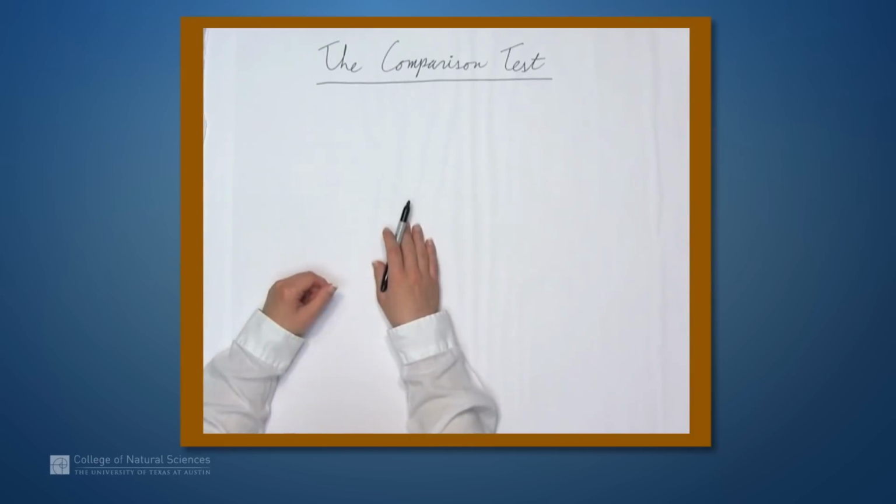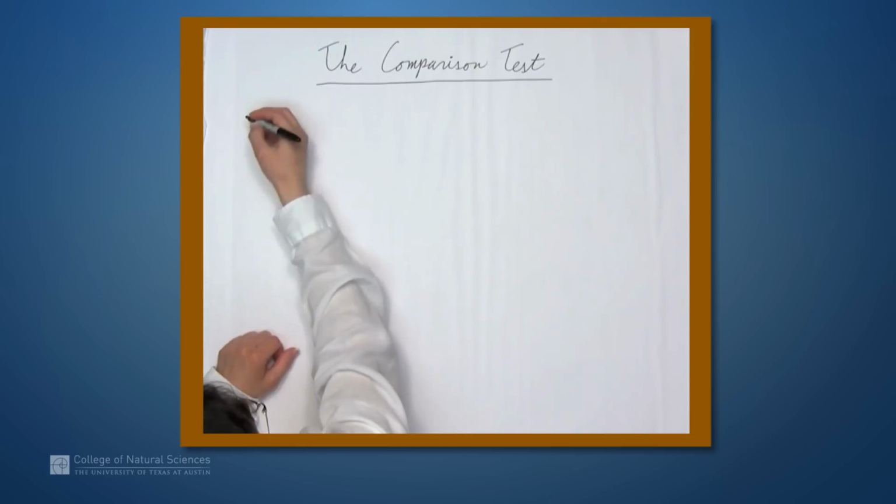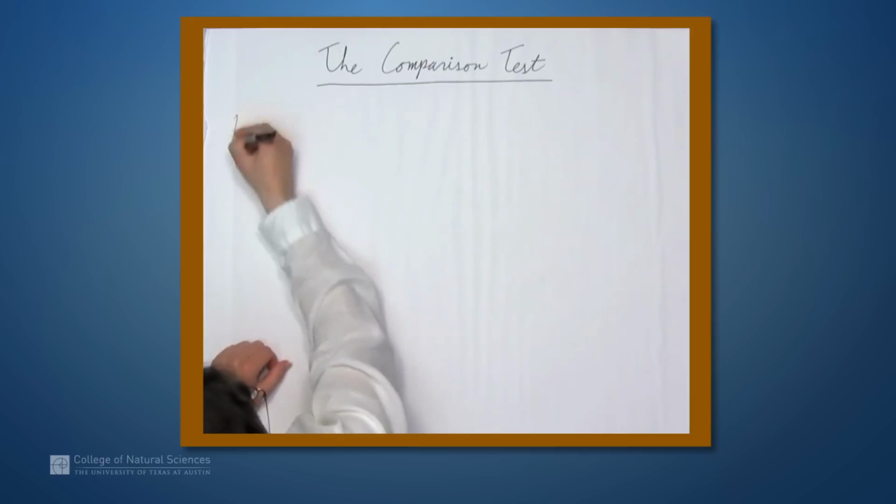So we're here at the example table, and in this video we're going to be talking about the comparison test. So let's just state the test. It's actually two parts.